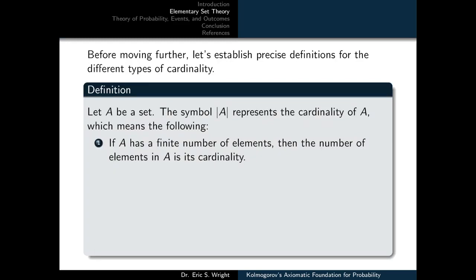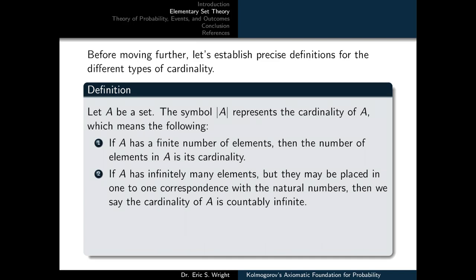Before moving on, let's establish precise definitions for the different types of cardinality. So we let A be a set. The absolute value symbol applied to A represents the cardinality of A in this context, and it means the following. If A has a finite number of elements, then the number of elements in A is its cardinality.